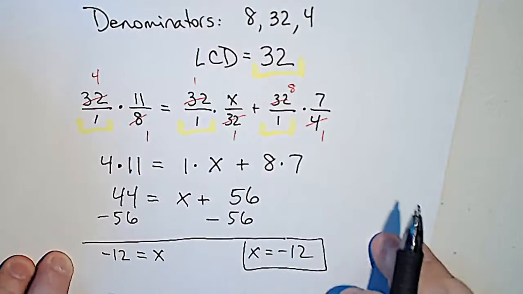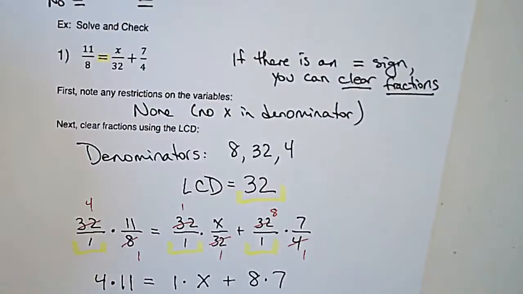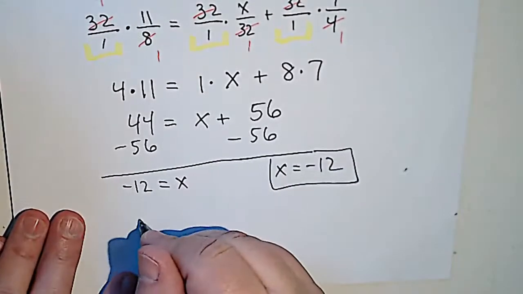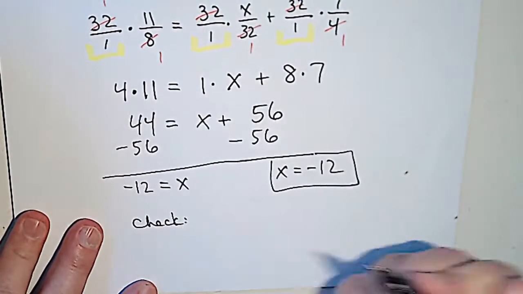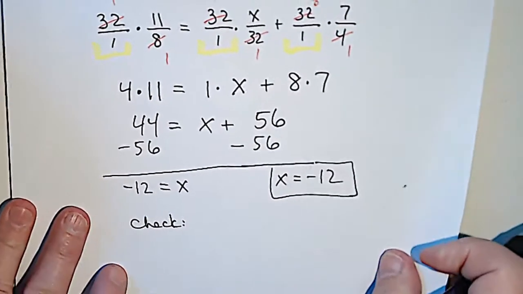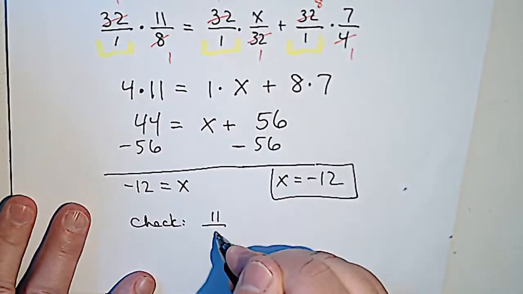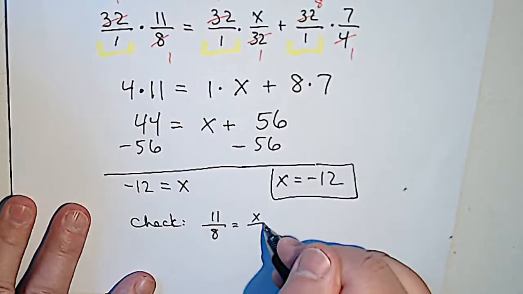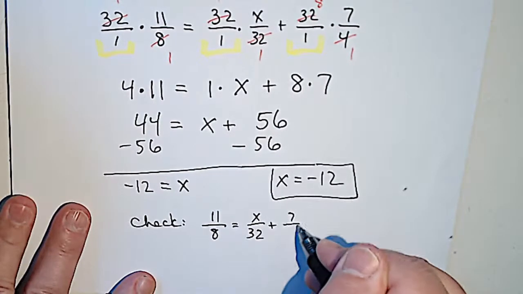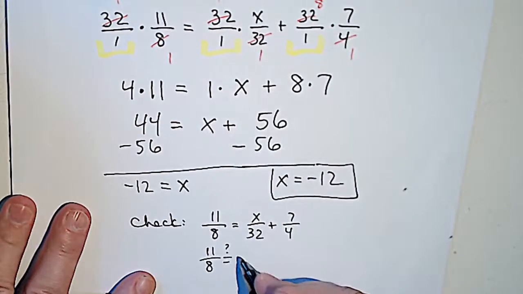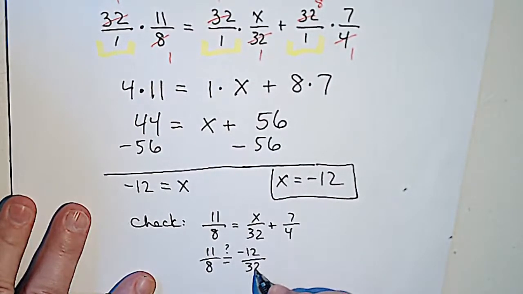Woohoo. Now we double check, go up here to the restrictions. There were no restrictions, so that's awesome. And then let's do the check. Remember, whenever you're asked to do the check, write the word check somewhere so your math teacher can find it. So you can find it in the future if you're doing work for yourself. So 11/8, is that equal to negative 12 over 32 plus 7/4?